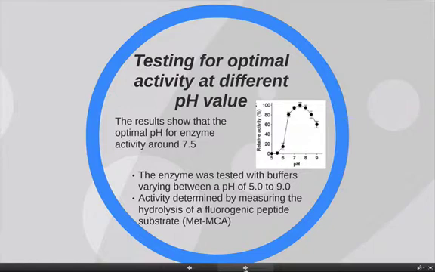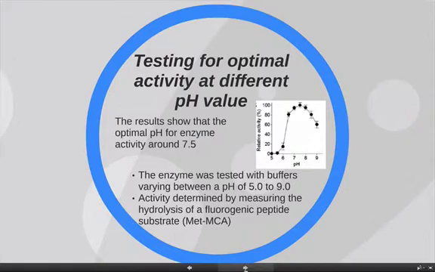To test for optimal activity at different pH values, PvMET-AP was added to several buffer solutions, and the activity was determined by measuring the hydrolysis of a fluorogenic peptide substrate, which released fluorescence with a specific excitation and emission wavelength.